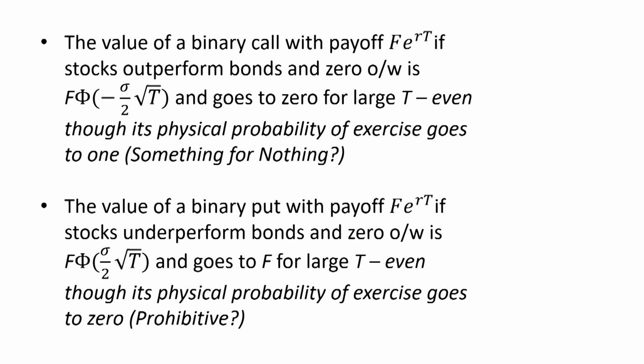So what are we talking about? Again, I live in the pathological world of a million years of expiry, but obviously it holds as a trend. If you have a binary call that pays you, say, $1 billion future valued at the risk-free rate, if stocks outperform bonds, then we can show that the price is 0, even though the probability of exercise is 1.